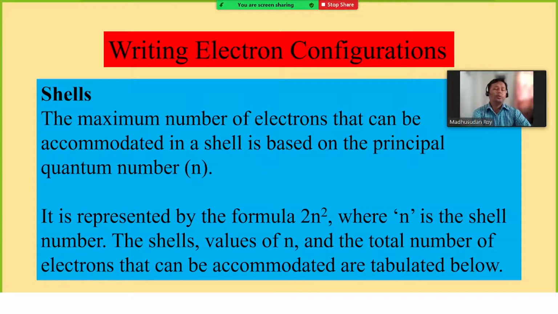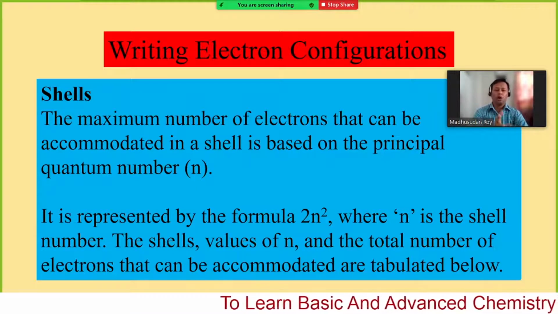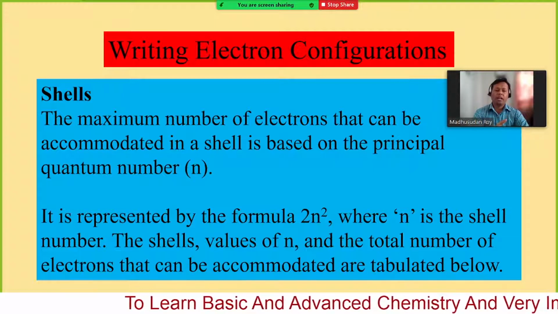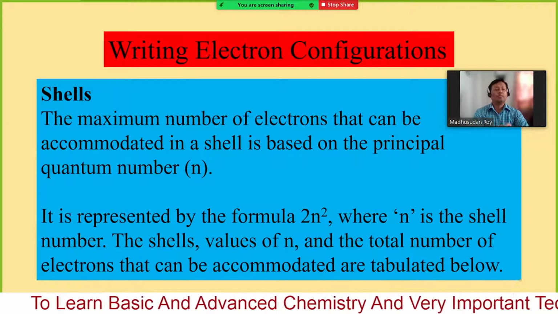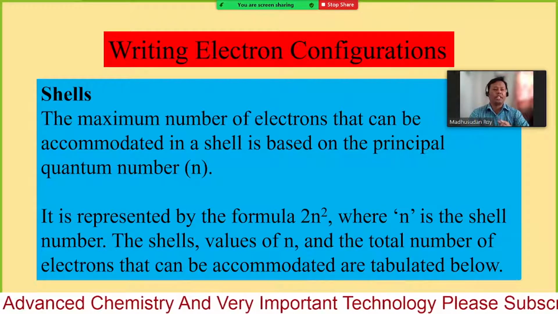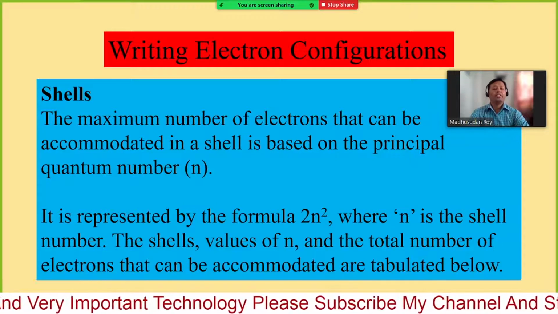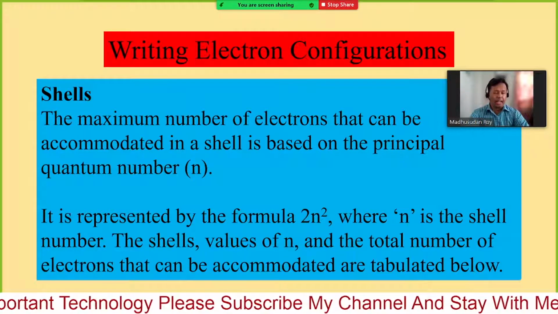Okay, now how can we write down the electron configuration? We know about shells. I have used 4 different terms: shell, orbit, principal quantum number, and K shell, L shell, M shell, like this. So there are 4 different types of notation. But how many electrons can reside in a shell?